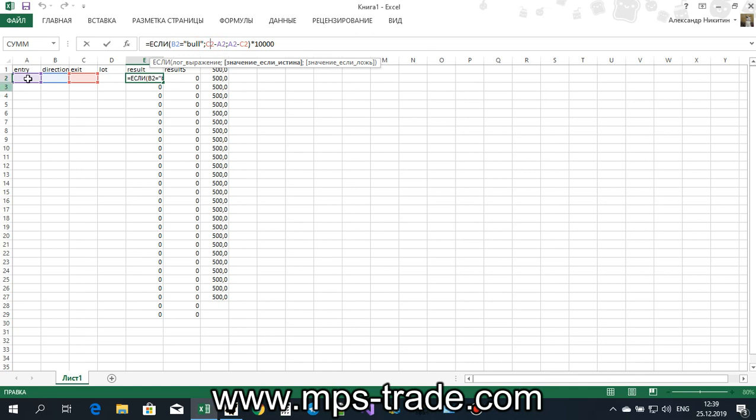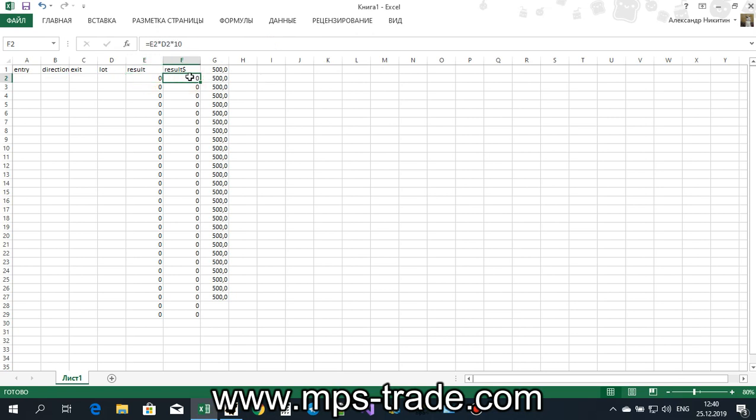What is this calculation? Exit minus entry. You can see it, exit minus entry. And if it is not bull, for example it is a bear, then entry minus exit, and then multiplied by 10,000. 10,000 is to have pips.